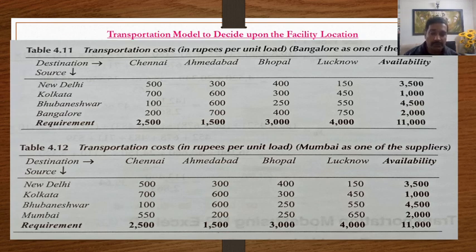For both situations we calculate the total transportation cost, and whichever location has the minimum total transportation cost should be advised to the company as the place to locate their new facility. We will look at the solution in the next video, where we are going to perform an exercise in Excel software.